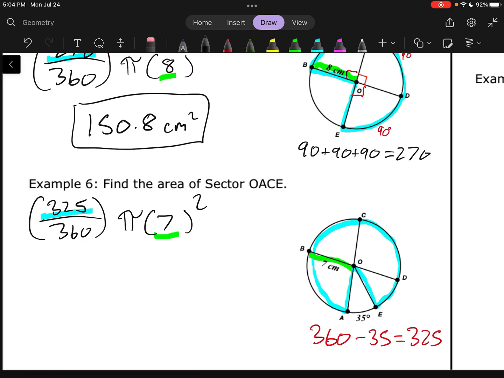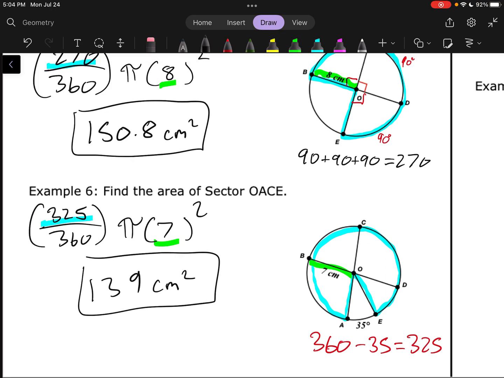And now I've got everything that I need to plug this in. So 325 over 360 times pi times 7 squared. That is giving me 138.97. Oops, so we're just going to round this thing to 139. 139 centimeters squared. It would round to 0.0, so we don't need to write that.